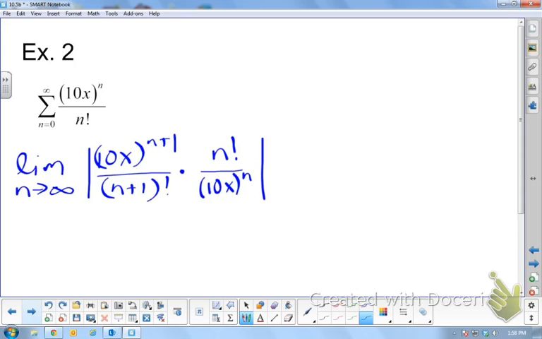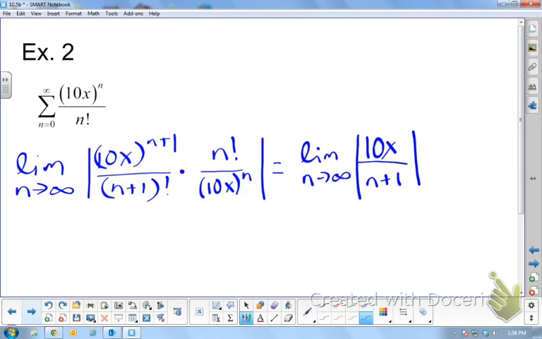The n as 1 goes to 10n, and the 10n to the n goes to 1. Those two combine together to become something. Nope, the n's will disappear. So it would just be 10x on the top. What about the factorials? It would be n plus 1 on the bottom.